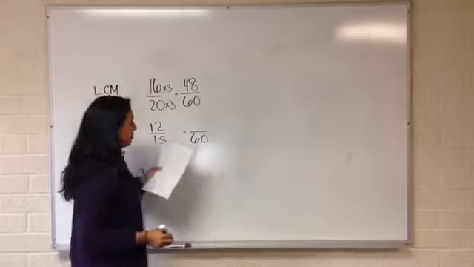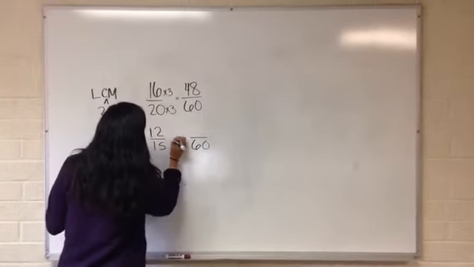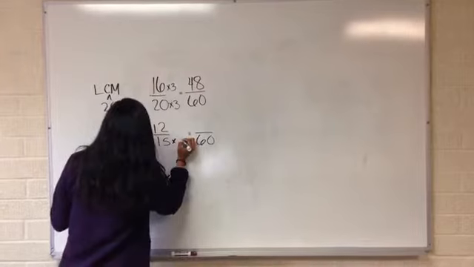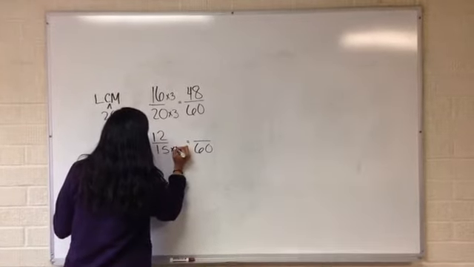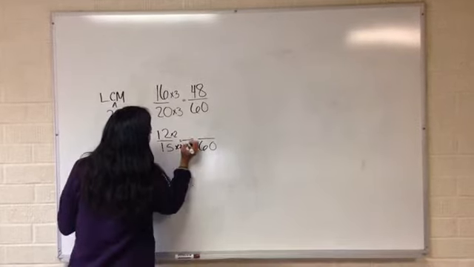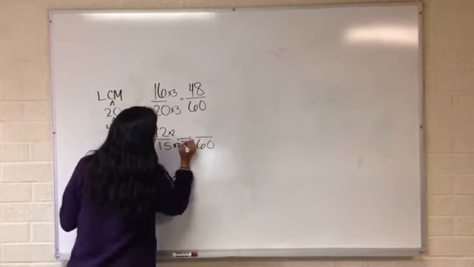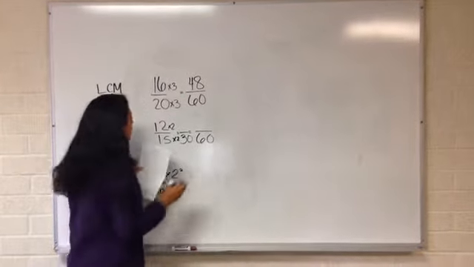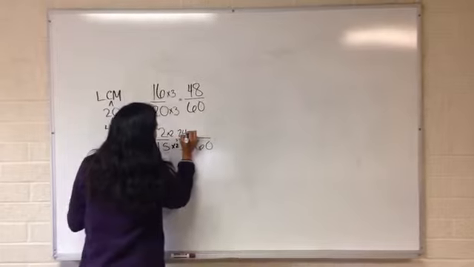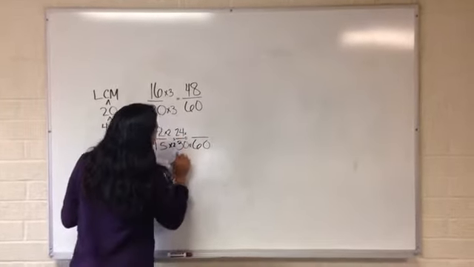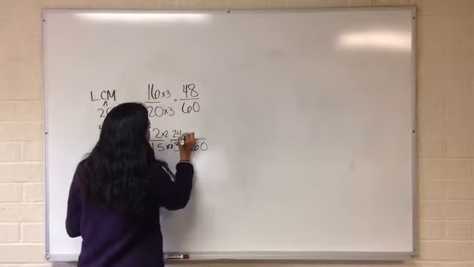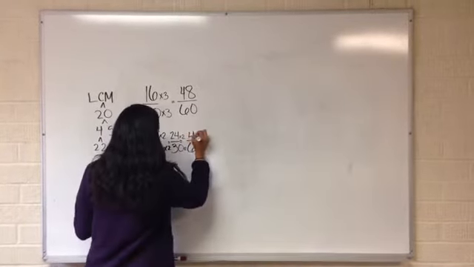Then 60 as a denominator, and to get 60 from 15, you multiply it by 2. So you get 15 times 2 is 30. And then 12 times 2 is 24. And you do 30 times 2 is 60. And then 24 times 2 is 48.